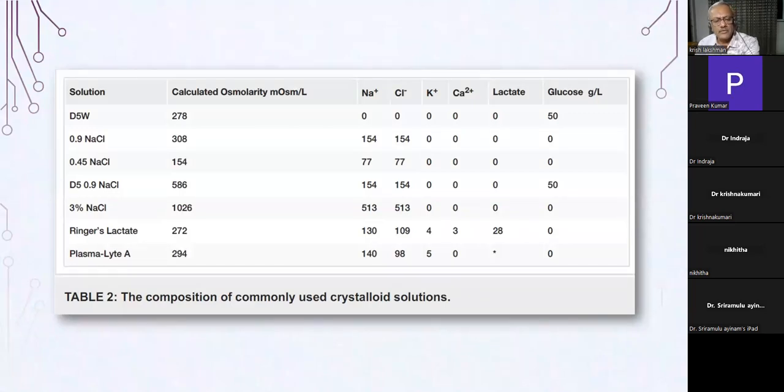Half normal saline, which is 0.45, is hypotonic. And 3% NaCl is hypertonic. Okay, we now have an idea how these different solutions are classified as hypo, iso, or hypertonic. Go ahead.